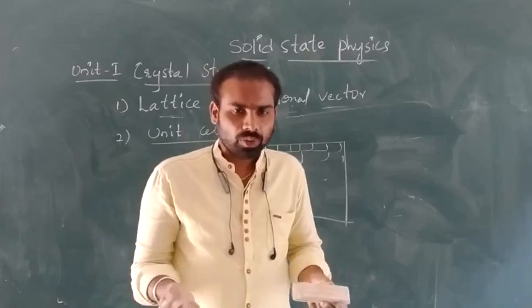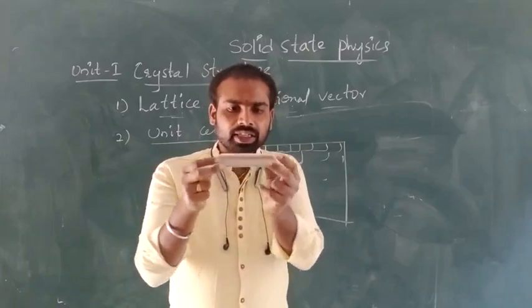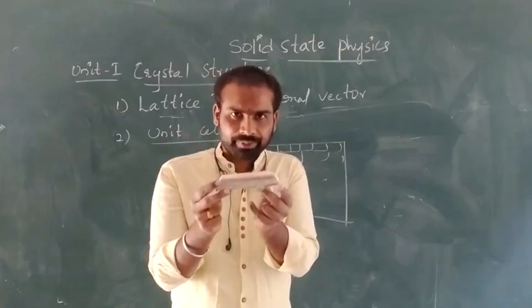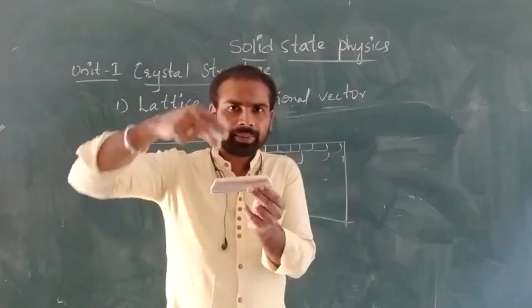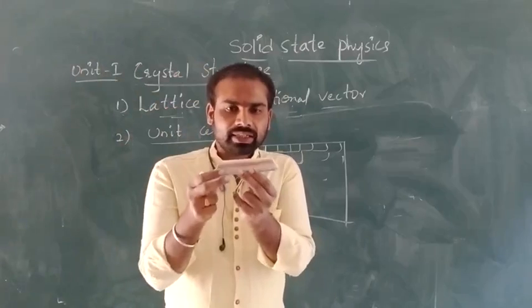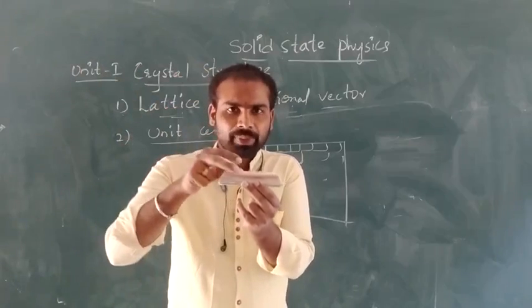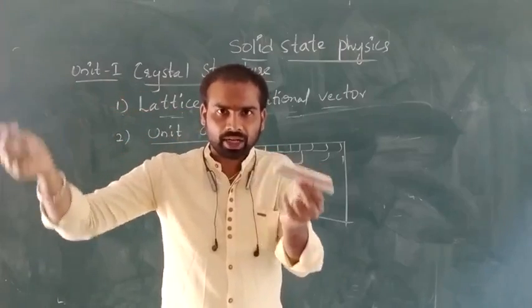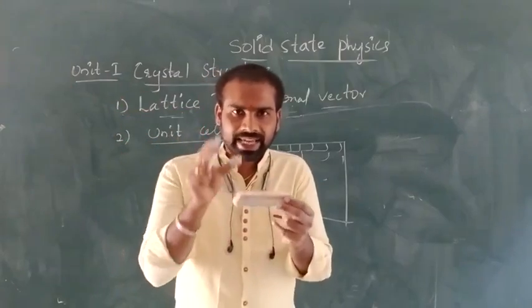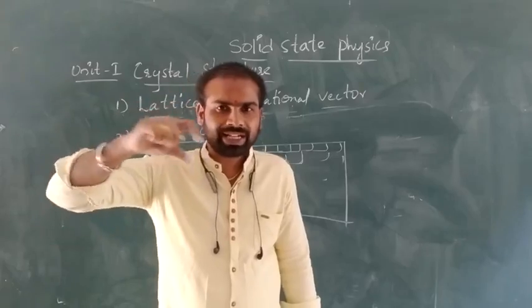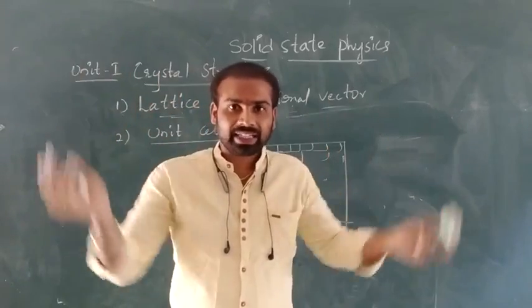The smallest unit is the brick we are repeating through two-dimensional or three-dimensional space, and we get a wall. Similarly, if you place the same unit cell one after the other throughout three-dimensional space, you will get a complete crystal.